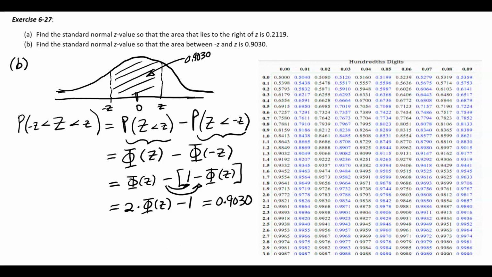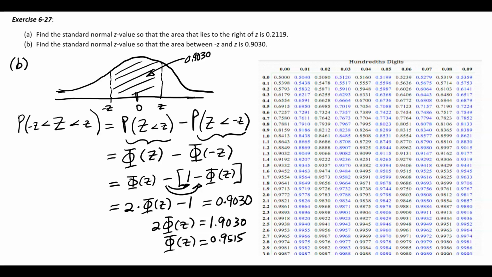Solving that for phi of z, I'm going to get 2 phi of z is equal to 1.9030. And when I divide both sides by 2, I get phi of z is equal to 0.9515.